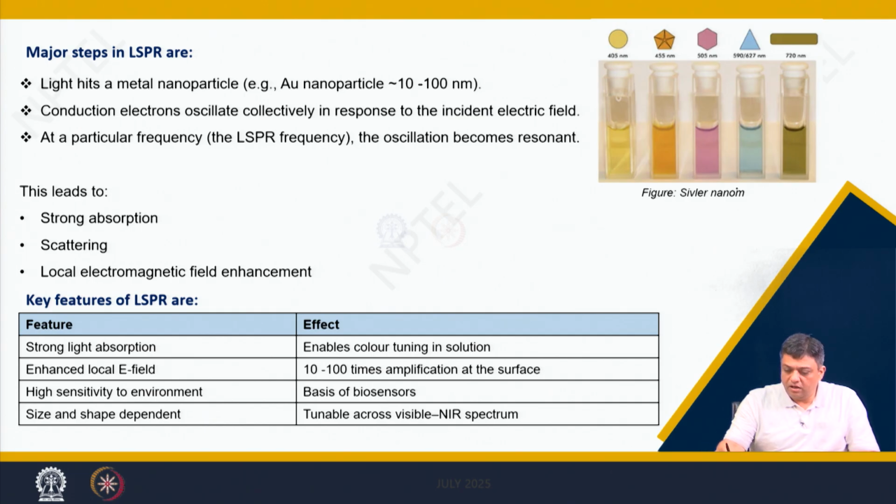And you can get different types of colors from gold and silver, and we have already seen that when you change the size of, let us say, gold nanoparticles or silver nanoparticles, the colors which you get are different. You can also change the shape of these nanoparticles and you will get different forms of emissions coming out of these nanoparticles.